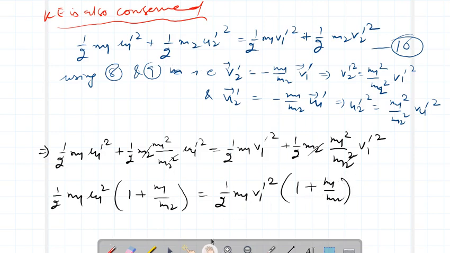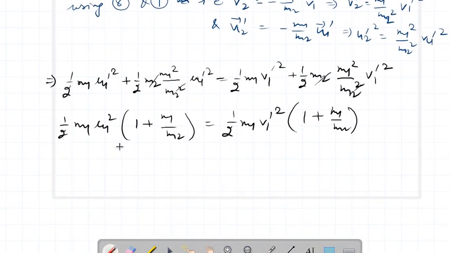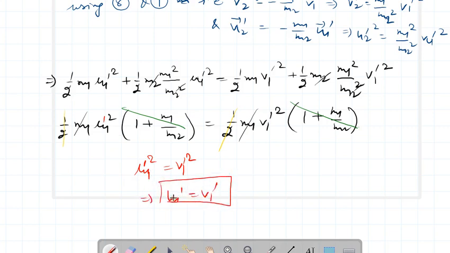So now this m1 will cancel out, this 1 by 2 will cancel out, and this part will also cancel out. So that means u1 square is equal to v1' square, prime is also there, I have missed that, which implies u1' is equal to v1'.